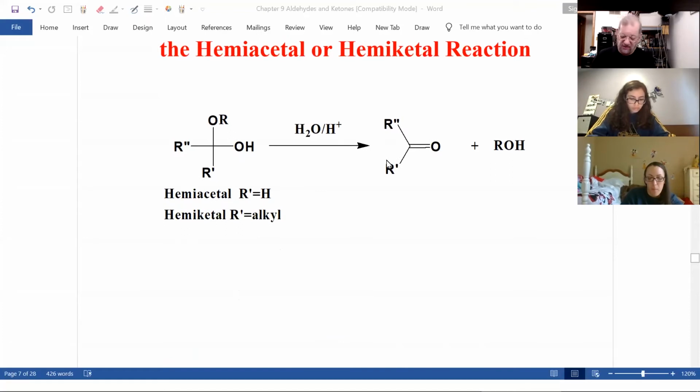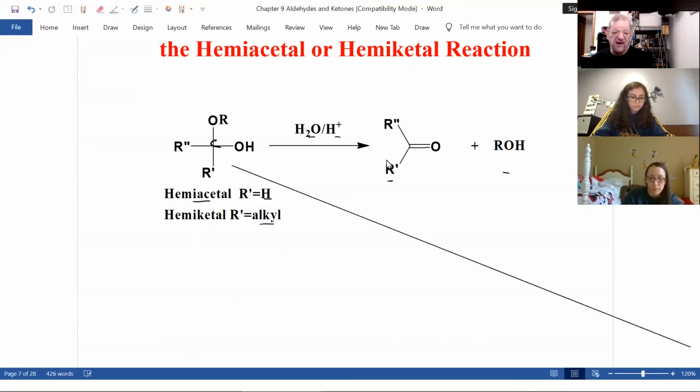And what happens is you get back, here I have a hemiacetal. If R prime is hydrogen, R prime is alkyl, hemiketal, add acid and water, and you get back the ketone and the alcohol you would have used to make this compound. You're just reversing it.